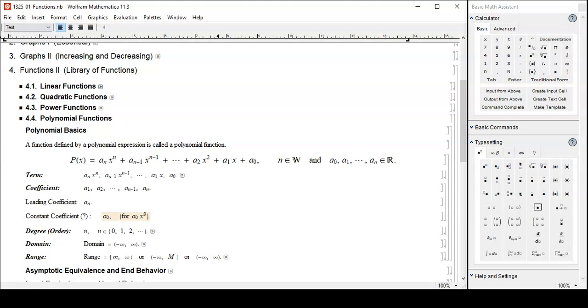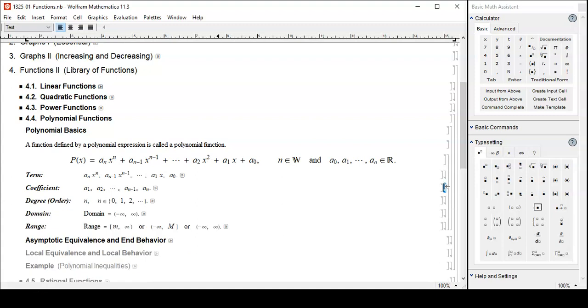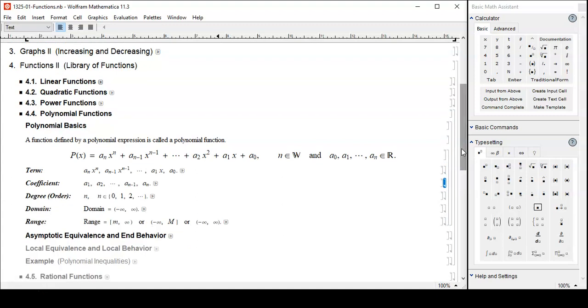Some people call a0 the constant coefficient, as in a0 x to the 0 power, which is just 1. But some people do not call it a coefficient because there's no x in there. Me personally, I'd like to consider it a coefficient. As for our textbook author, our textbook does not consider a0 a coefficient. But those are just lingo, not that important.